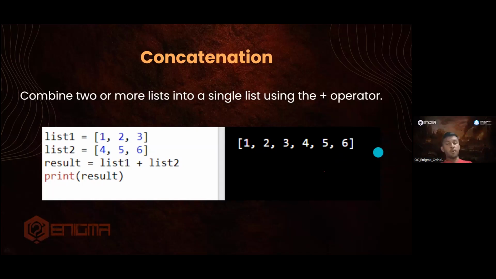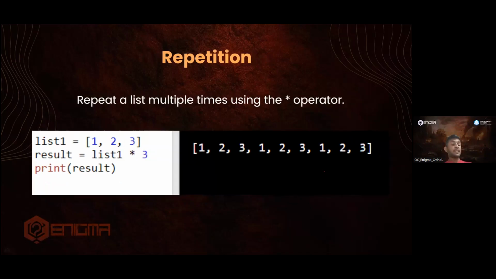Now let's move on to the next feature of lists, and that is repetition. So just like we use the addition symbol to add two lists together, we also can use the multiplication operator to multiply a list, multiply the elements in a list many times.